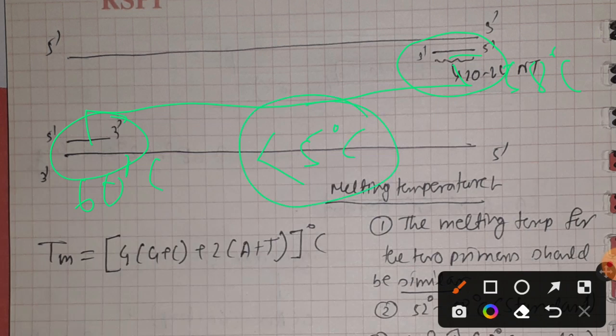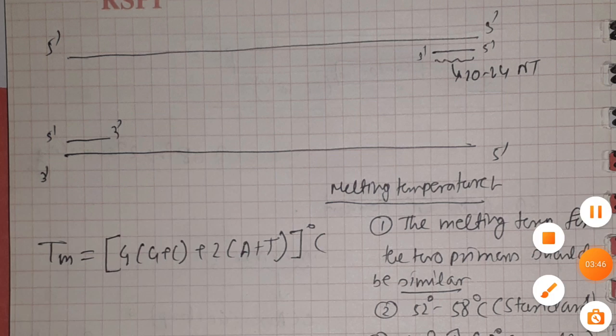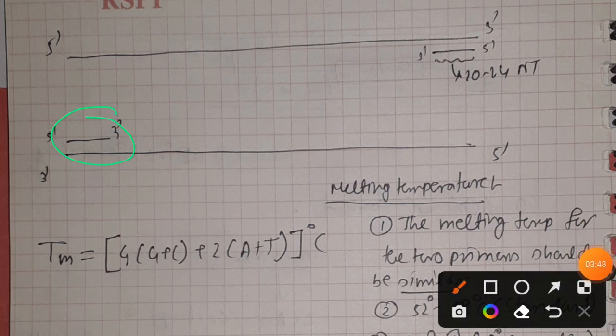Okay, and if that is the case, then they will anneal at about the same temperature and they will also dissociate at the same temperature, and amplification can be done by keeping the temperature at only one value for them. Okay, and that is a very important thing, right?